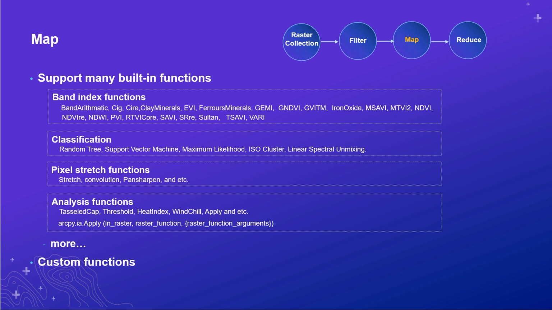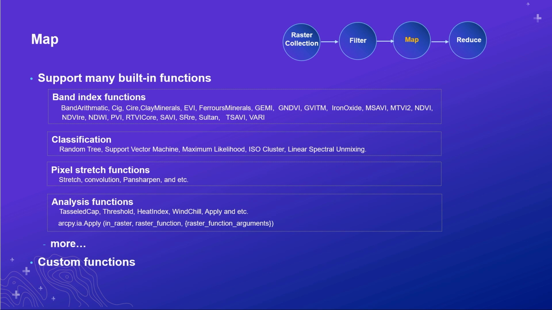And there are also many heavy-duty functions like classification, random forest, support vector machine, maximum likelihood, and also the linear spectral mixing, which will be used in the second demo. There are many other functions like pixel stretching, pan sharpening, and also analysis functions.